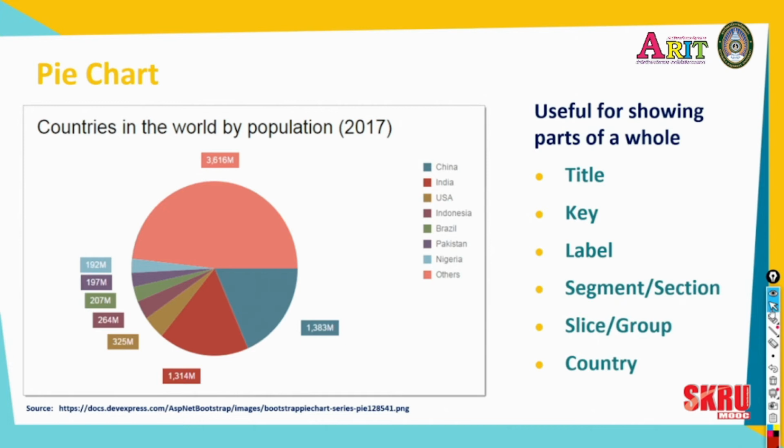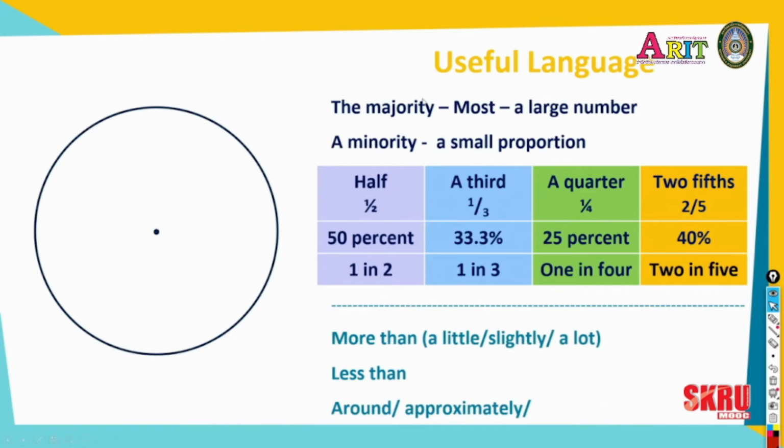So, what kind of words can we use to describe pie charts? With a pie chart, we use terms like the majority, most, or a large number.